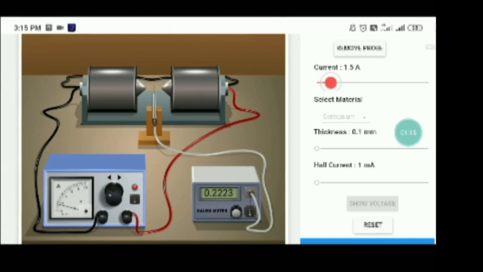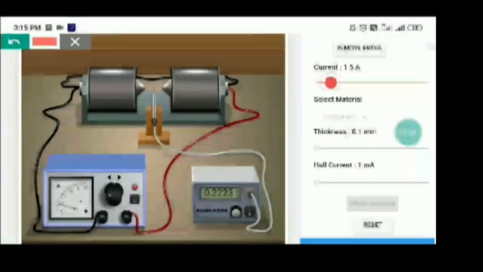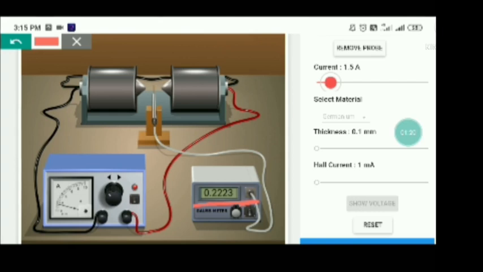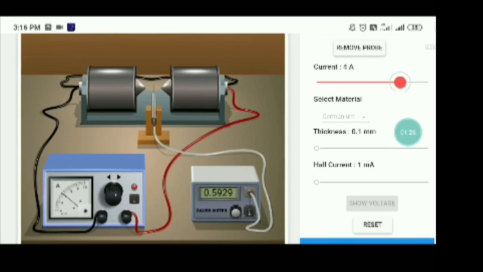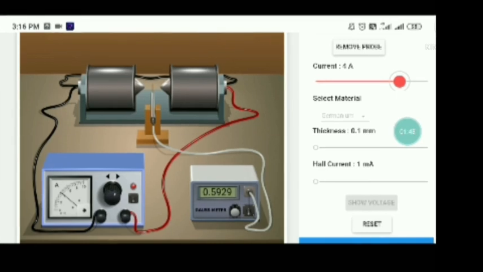If I change it, you can see the reading in the Gauss meter changing as I change the current, and you have to plot the graph and calibrate the curve. As this is a simulation, there are no practical losses observed, so you will get a perfect straight line in this experiment.